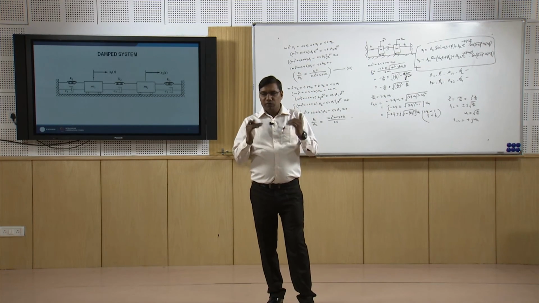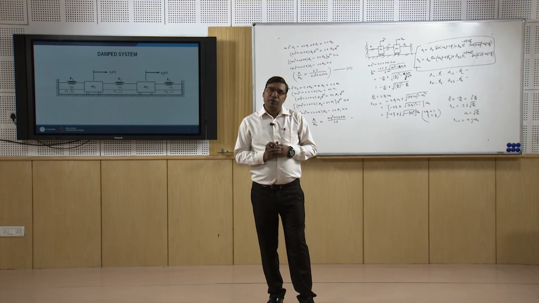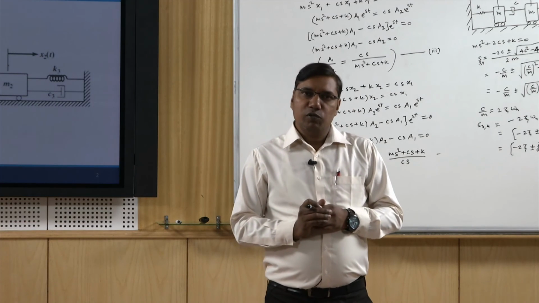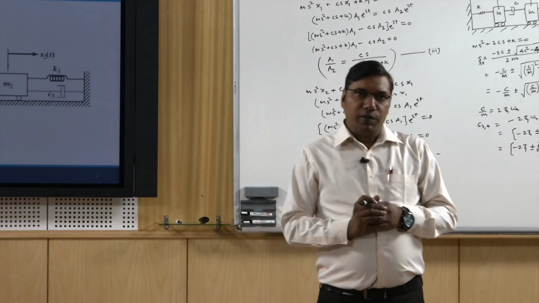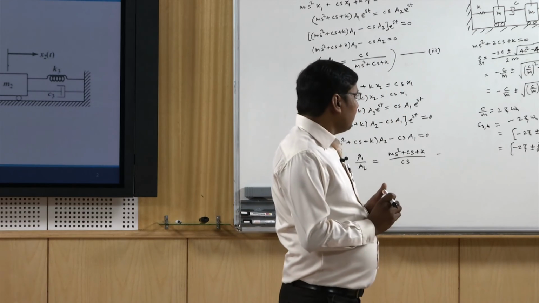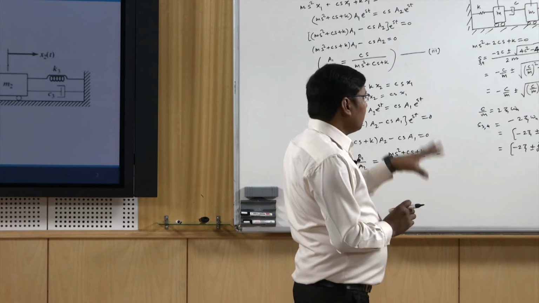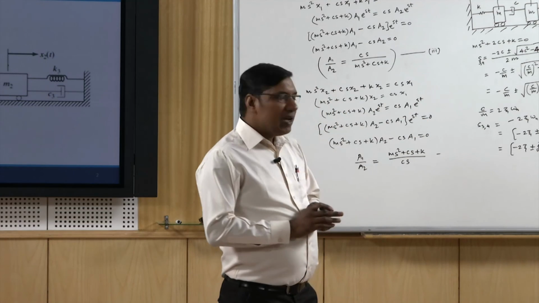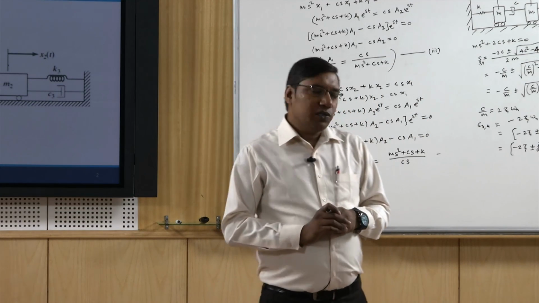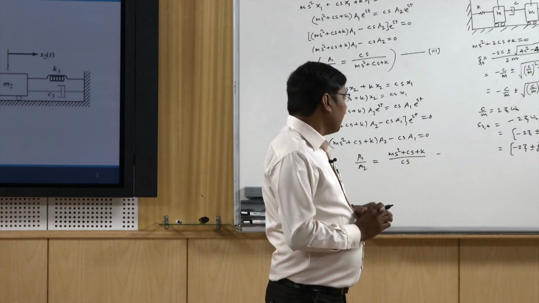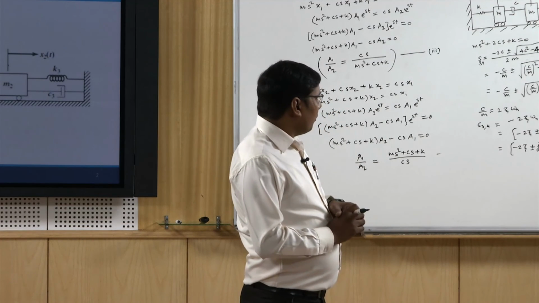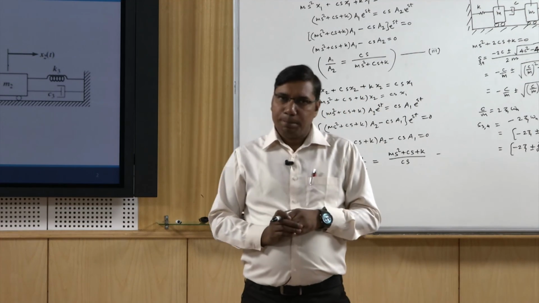So when we give equal initial disturbance to both the masses, the system will vibrate with the first natural frequency, and only the first term, that is sin omega n1 t plus phi 1, will be there for both the equations.